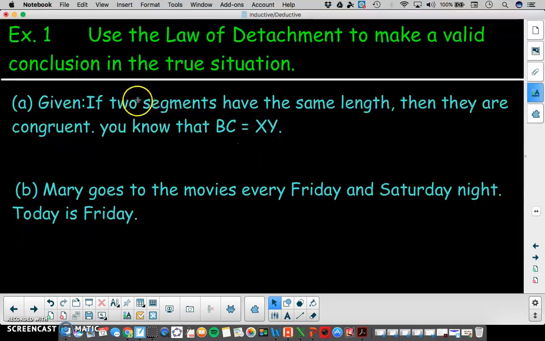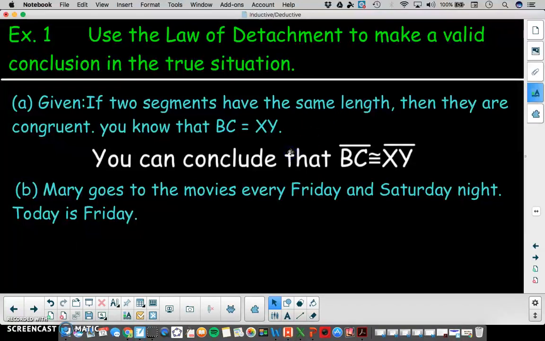That tells us we have two segments that have the same length. Therefore, according to the law of detachment, we would know that segment BC is congruent to segment XY. We're following that if-then statement to make that conclusion about that specific case.